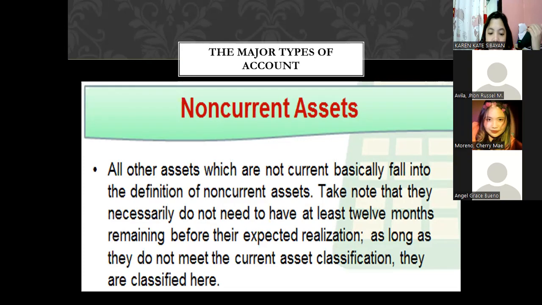As long as they do not meet the current asset classification, they are classified here. Take note ha, lahat ng criteria ng current assets, kung hindi nami-meet nung accounting title na yon, it means belong siya sa non-current assets. Okay?